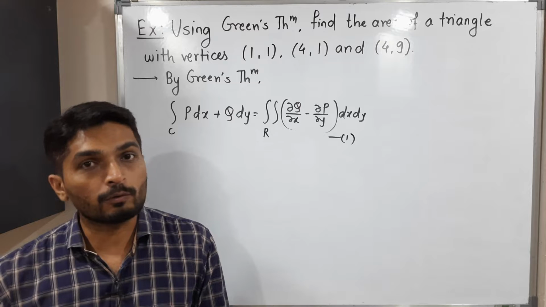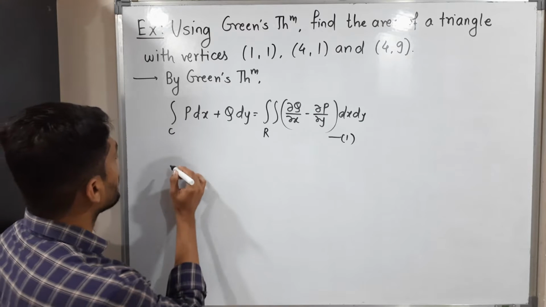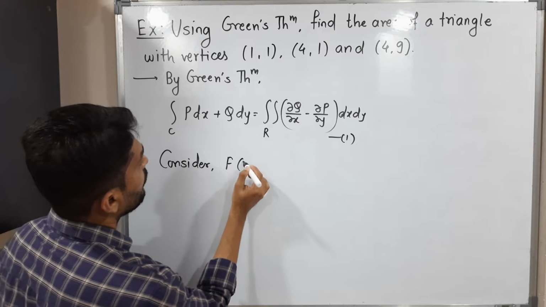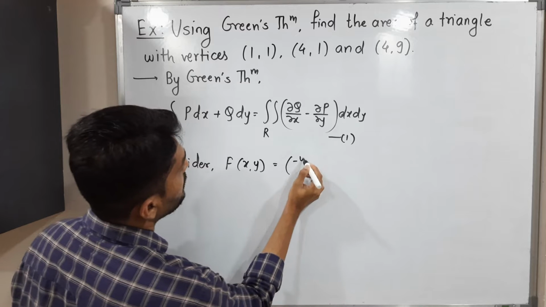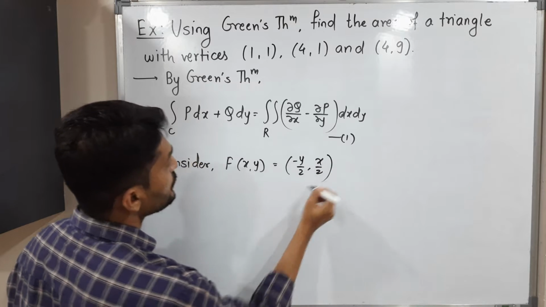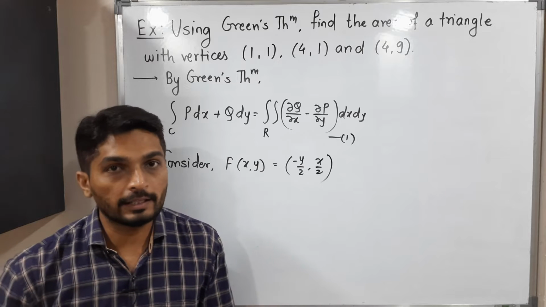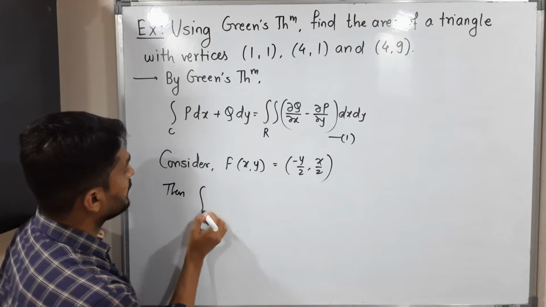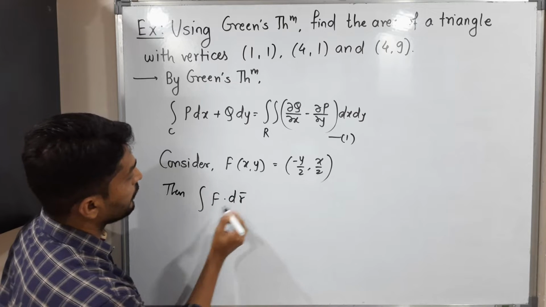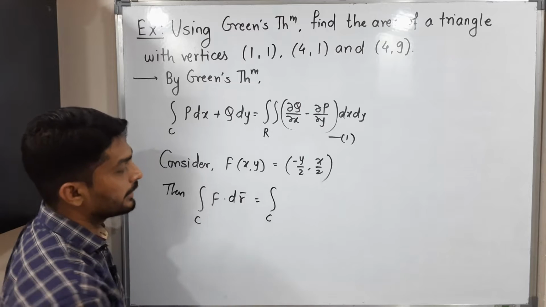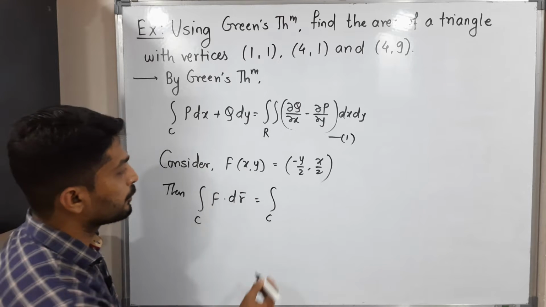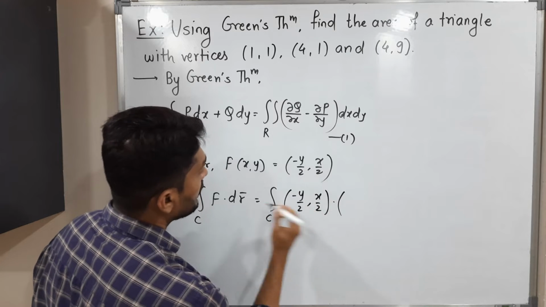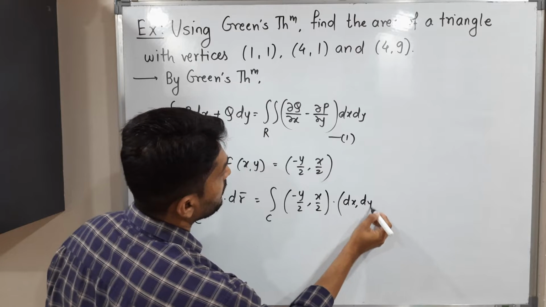For that I am going to take one vector valued function. I am considering a vector valued function F of x, y. The function is very simple: minus y by 2 comma x by 2. Now I am going to find the line integral of that F. So the line integral of F dot dr bar over C is equal to the line integral over C of (minus y by 2, x by 2) dot (dx, dy).